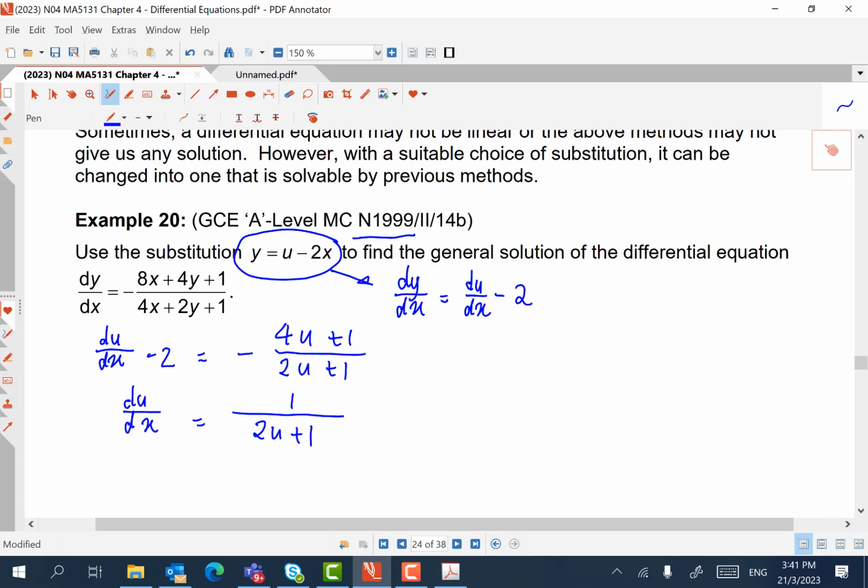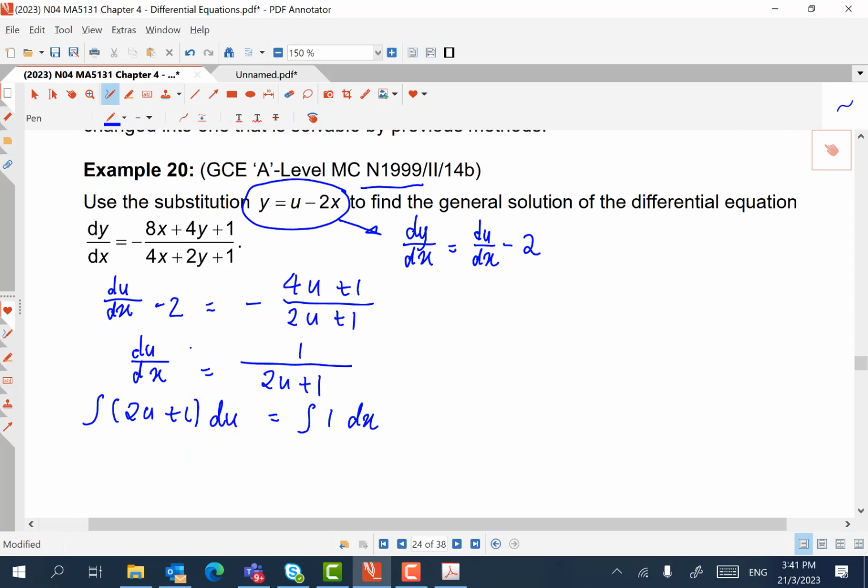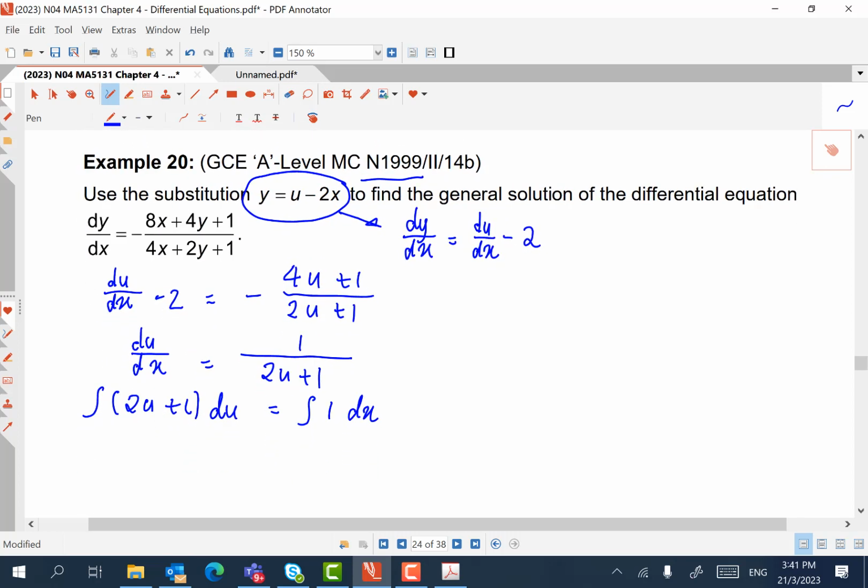Then after that, upon integrating this, lo and behold, what is your u? u is actually y plus 2x.